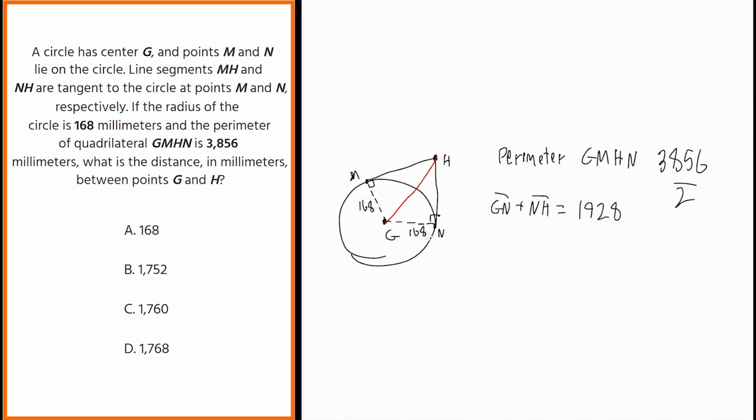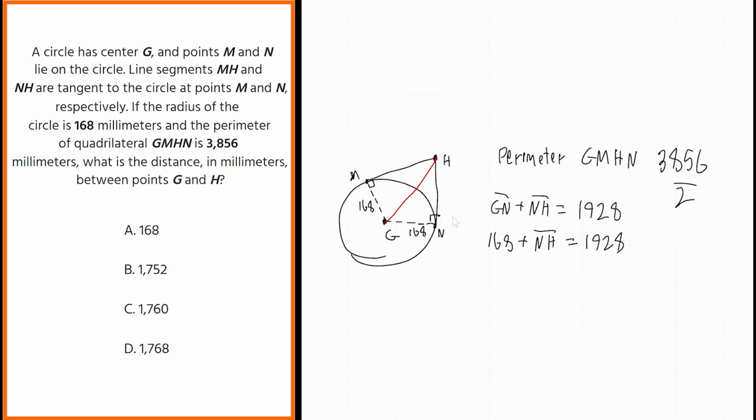Also, furthermore, we already know the length of this GN segment because this is a radius of our circle. So we know that 168 plus NH equals 1,928. And now it is very simple to find the value of this NH line segment.